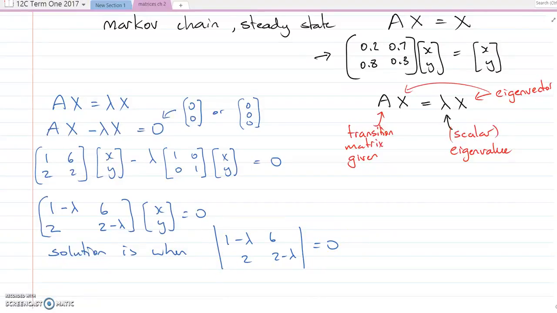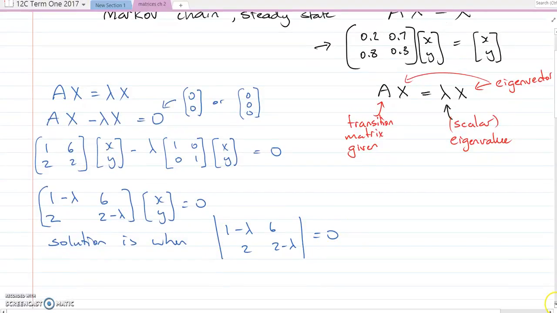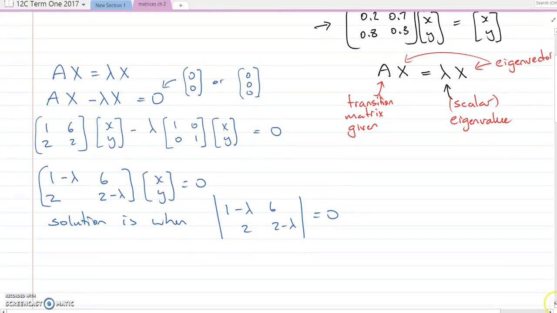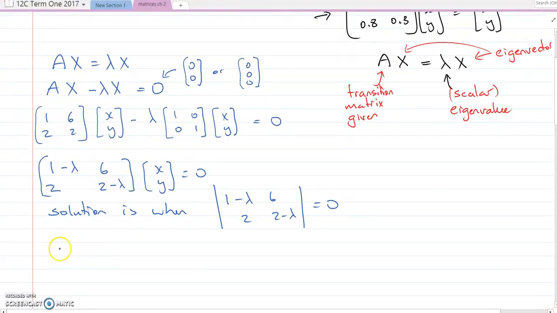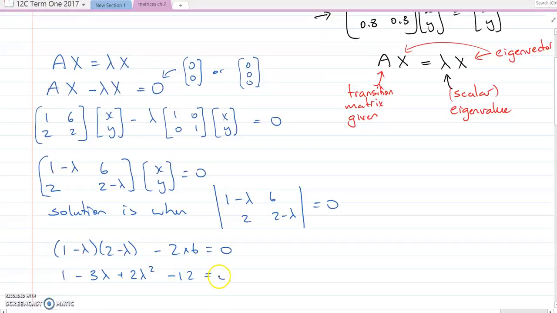And I'll come back and explain that at the end. But this is the working you have to do. All you need to do is say, okay, this determinant is equal to 0. So that means that 1 minus lambda times 2 minus lambda minus 2 times 6 equals 0.